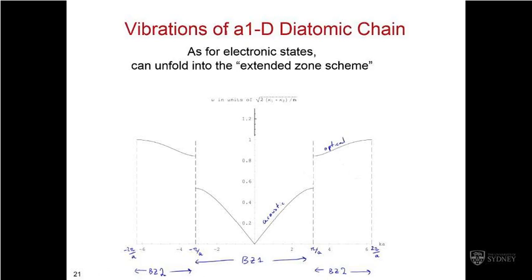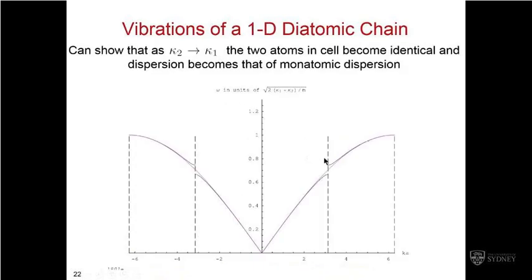And if we have here that the spring constants kappa 1 and kappa 2 become equal, then what happens is this gap closes, okay? As you'd expect, because you have to get the same result as if we had exactly a single chain of atoms connected with the same spring constant.